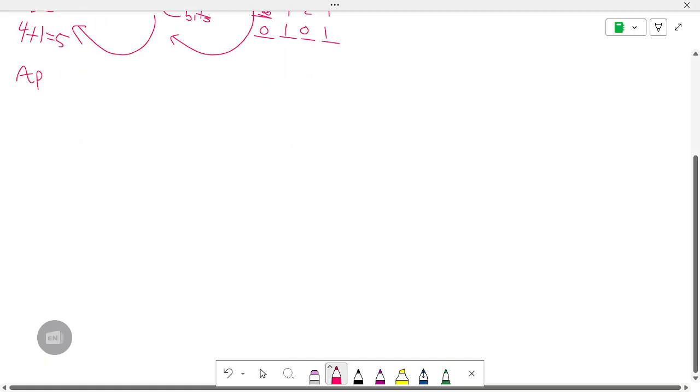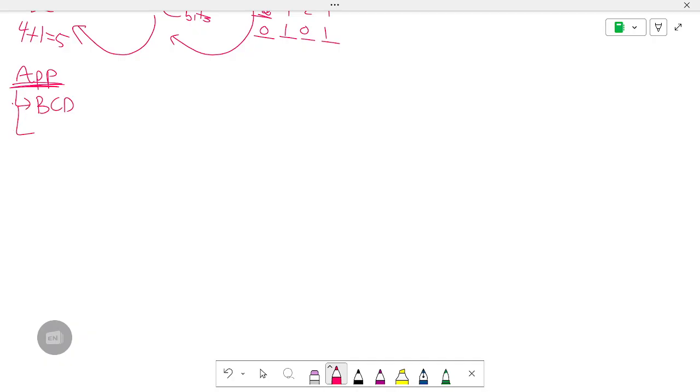Now, the application is how we can use these things. Some applications we have are BCD, MAC address, and RGB colors. Okay, let's talk about BCD. BCD is used for clocks.